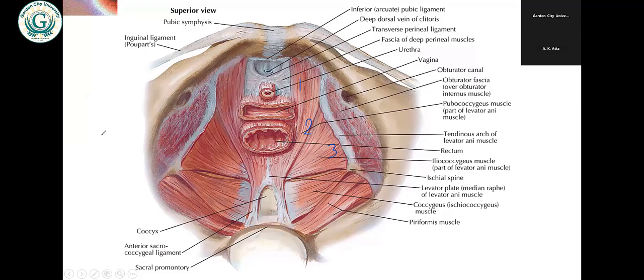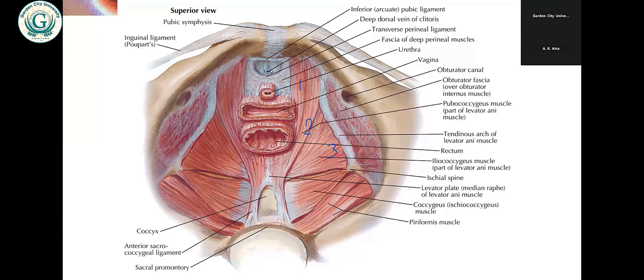The pelvic floor muscles 1, 2, and 3 are collectively called the levator ani muscle. Then this one here, coming from the ischial spine, is called the coccygeus muscle or the ischiococcygeus muscle. So the ischiococcygeus and the levator ani muscles are what we call the pelvic diaphragm.